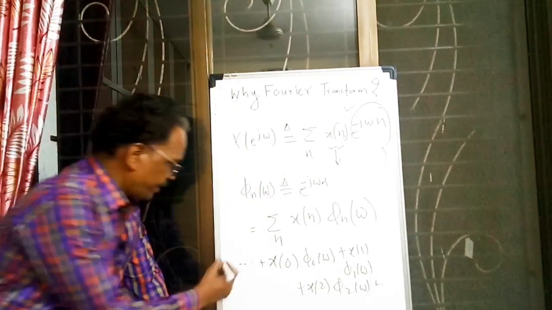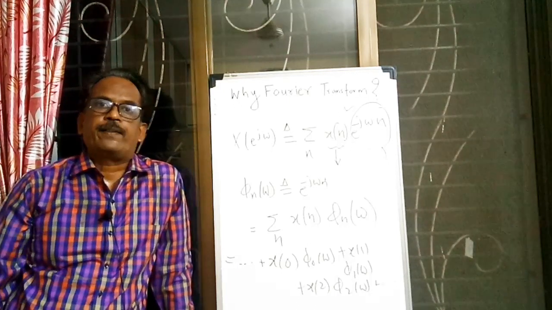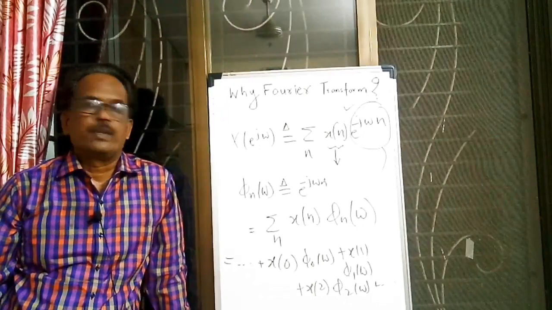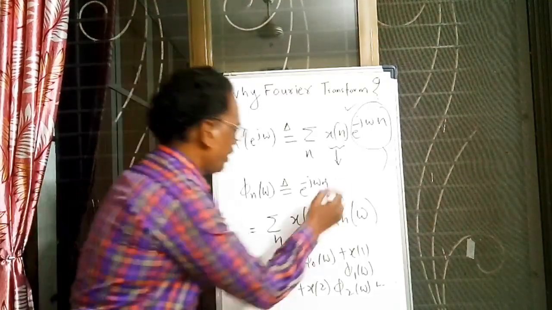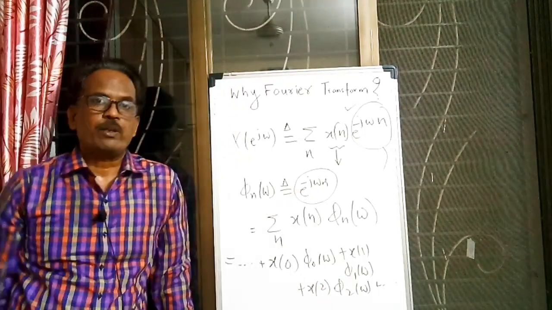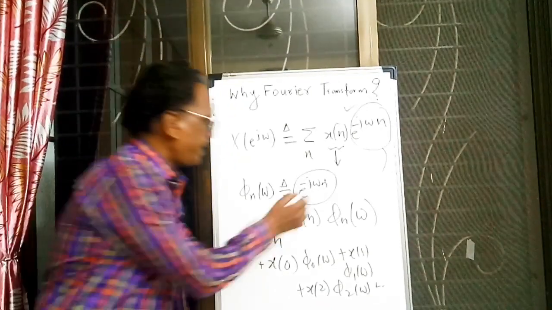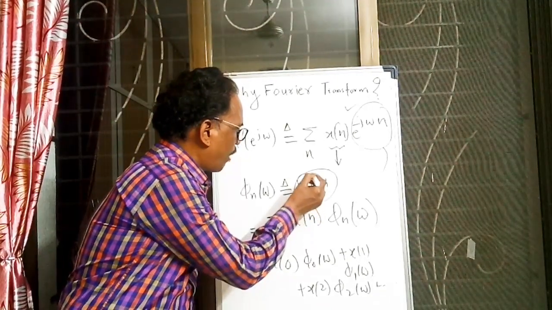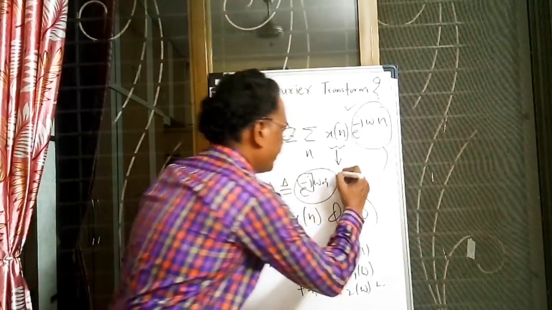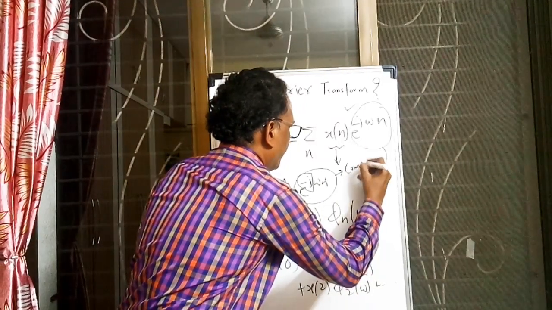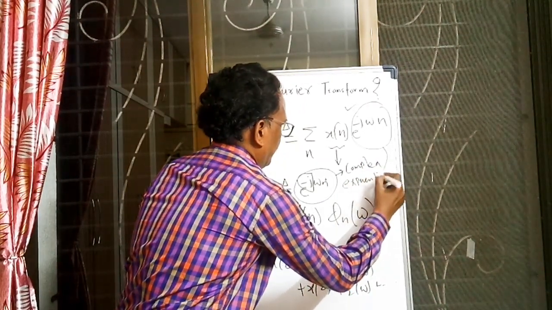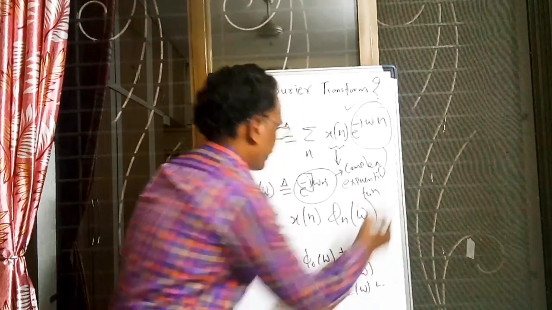If you observe this equation, it is nothing but a linear combination of complex exponential functions. Look at this function, e to the power minus j omega n. This j is making it complex, so it is nothing but a complex exponential function.